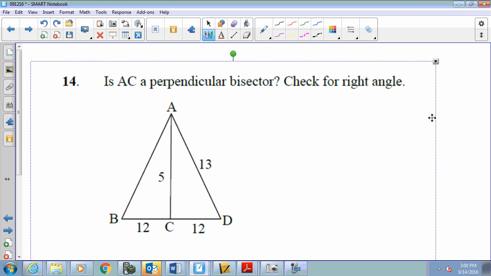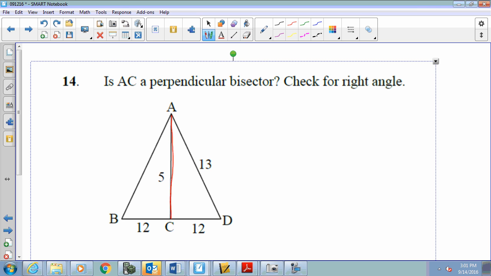Okay, for number 14, it says, is AC a perpendicular bisector? Check for right angle. So let's do that. So they're asking basically, is AC a perpendicular bisector? So sometimes you're missing a side and you can use a squared plus b squared equals c squared to find the side.